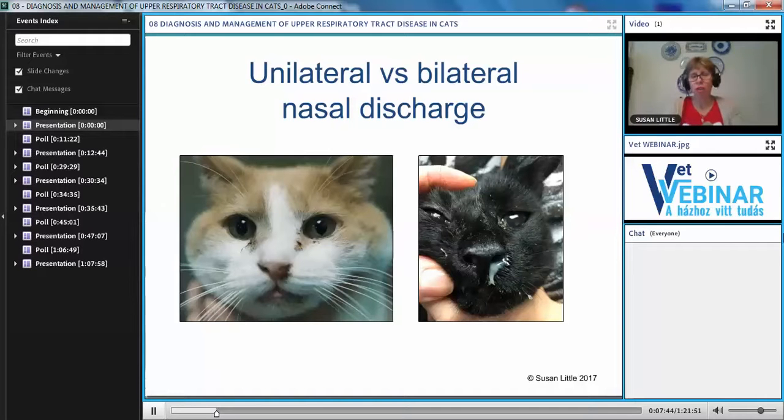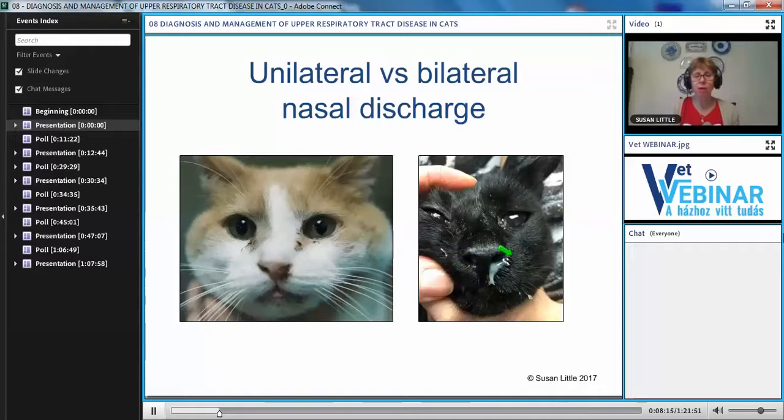So those are all situations where we might more typically see a unilateral discharge, as you can see in the two kitties in this picture. So for example, this cat has unilateral discharge, sort of a brownish, like a serosanguinous discharge. And this cat turned out to have a tumor called an odontoma, kind of an unusual tumor, but it highlights the point that these unilateral discharges often are associated with non-infectious causes.